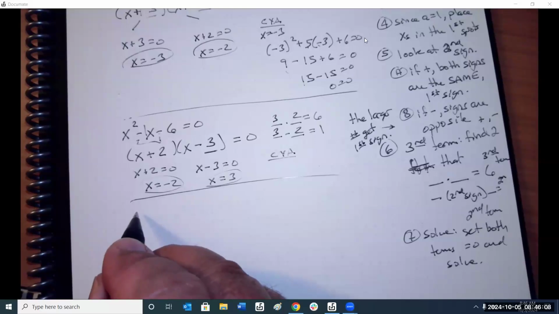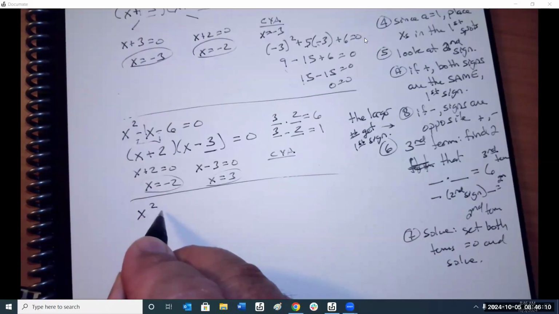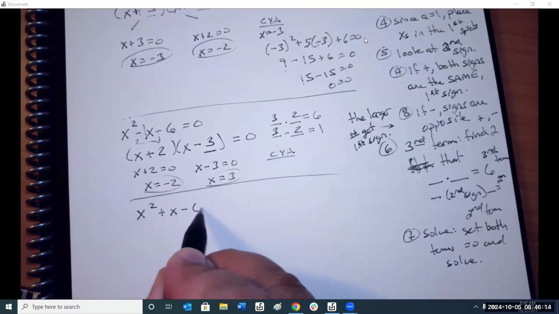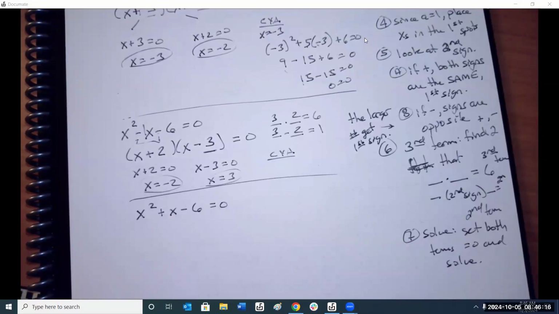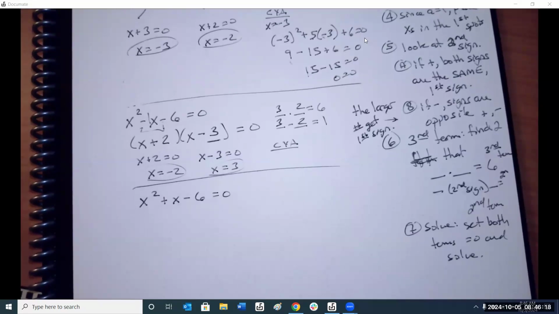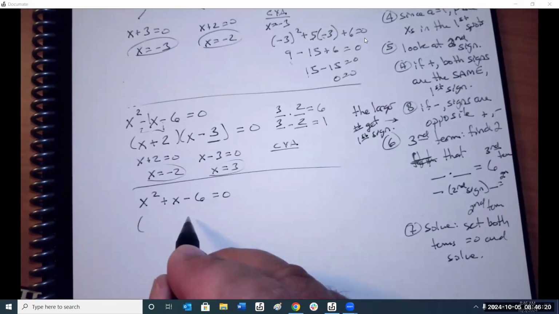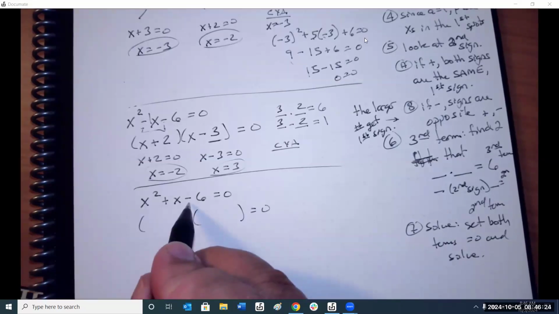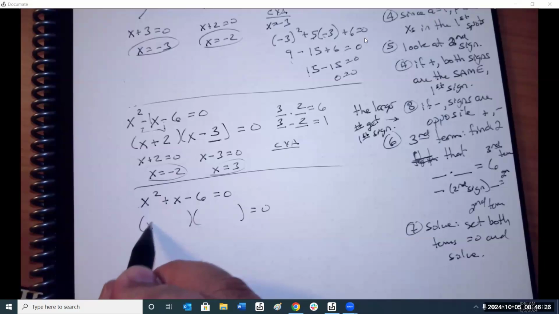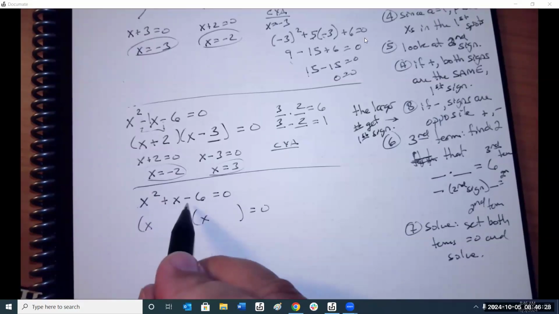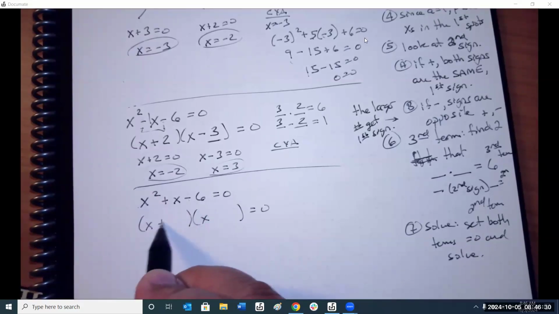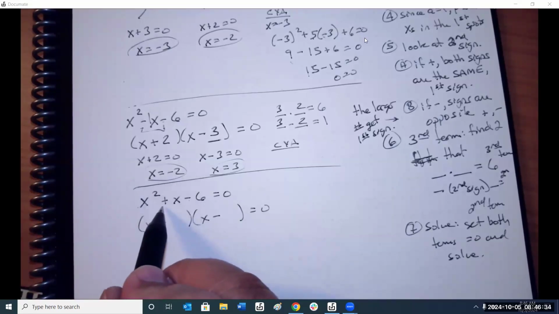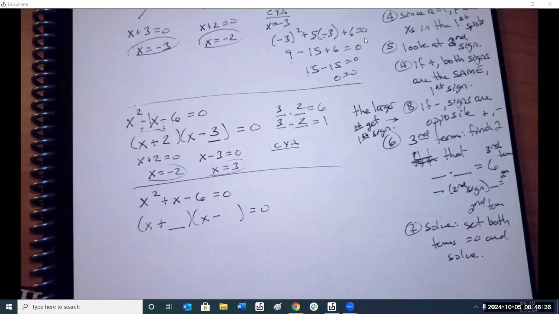The third one, we have x squared plus x minus 6. This one is similar to the one we just did. The first, it's x squared, so it's x times x. Second sign's a minus, so they're opposite signs. The first sign's a plus, so the bigger number gets the plus.